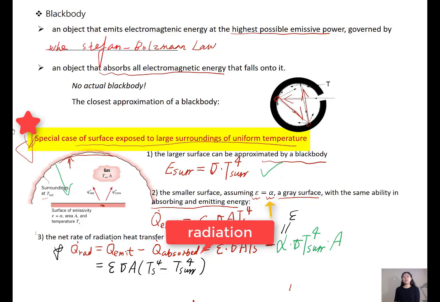So besides radiation, now we have this smaller surface here. You note we also have gas between these two surfaces. And this gas is at a different temperature, T infinity. So you know there's also heat transfer between the solid surface and the gas by convection. How do we calculate the convection rate?